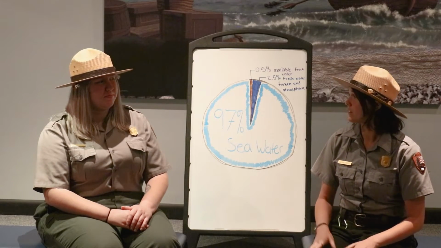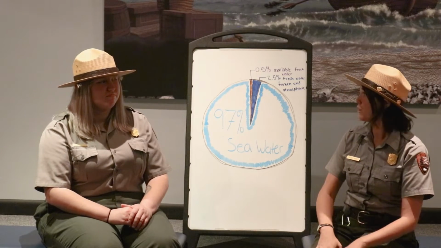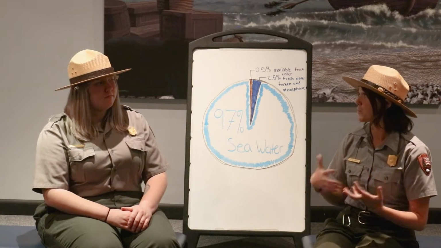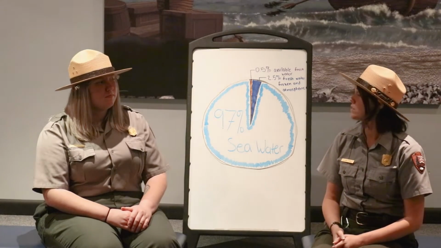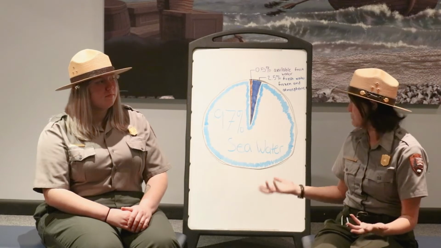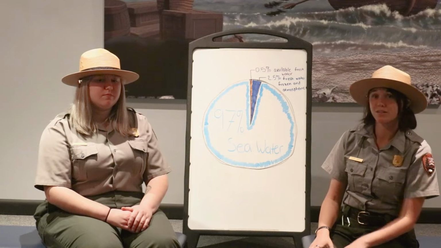It's a lot when you think about it. Over 2/3 of the Earth's surface is covered by water. So when you look at a globe and you see that nice green and blue, you're going to see more blue, just because there's much more water covering the Earth's surface than there is land.